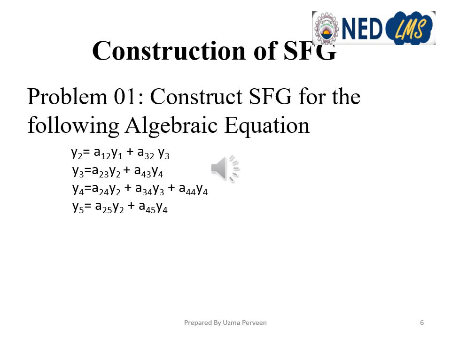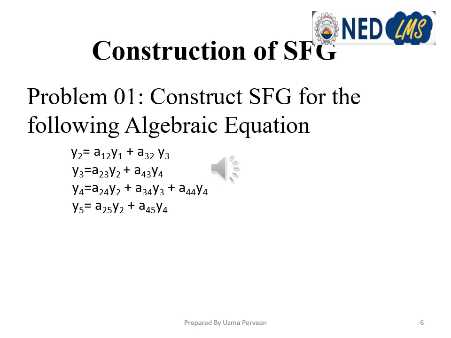In the first branch, y1 is the input node, y2 is the output node with a branch gain of a12, and in the second term, y3 is the input node, y2 is the output node, and the associated branch gain is a32. For the first, the branch will be directed from y1 to y2.